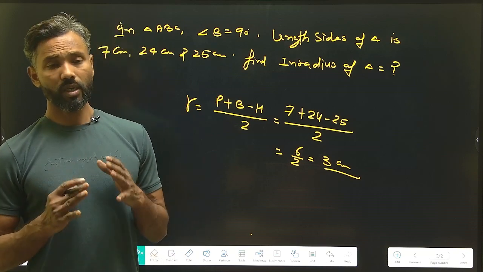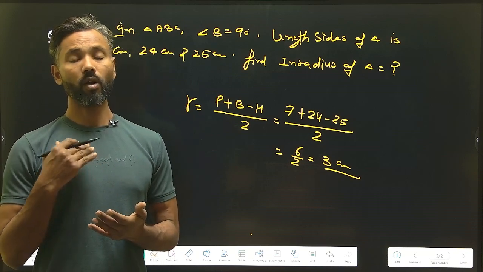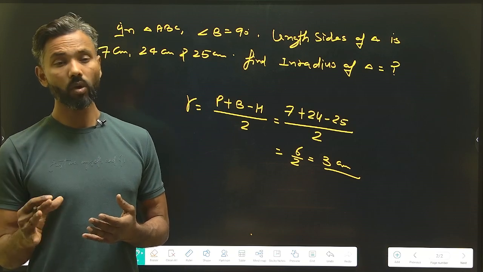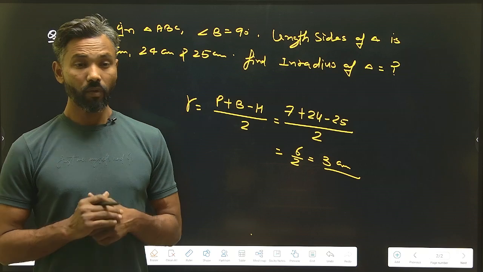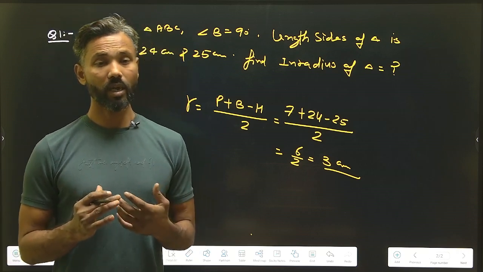Now we are going to discuss one more formula, and that formula will only be applicable to an equilateral triangle. Firstly, we are going to discuss what an equilateral triangle is.